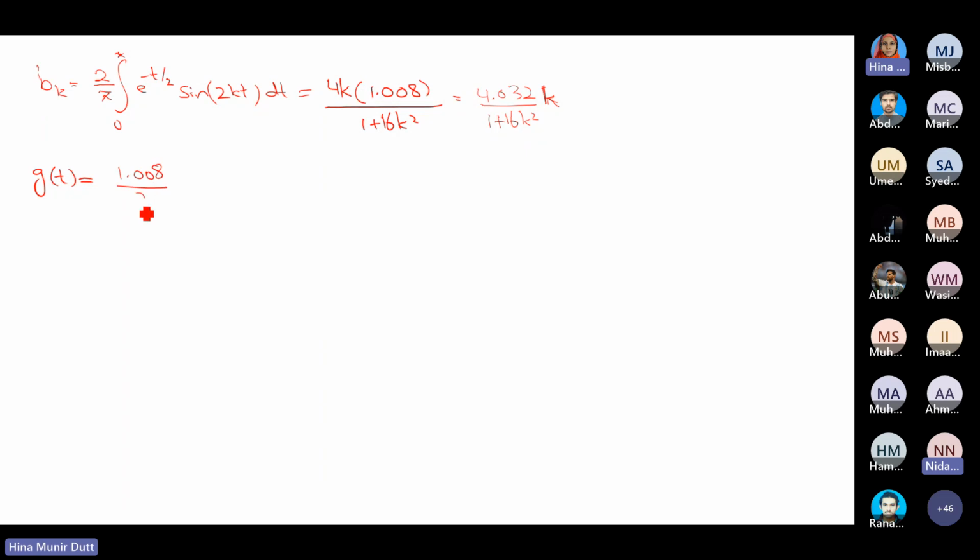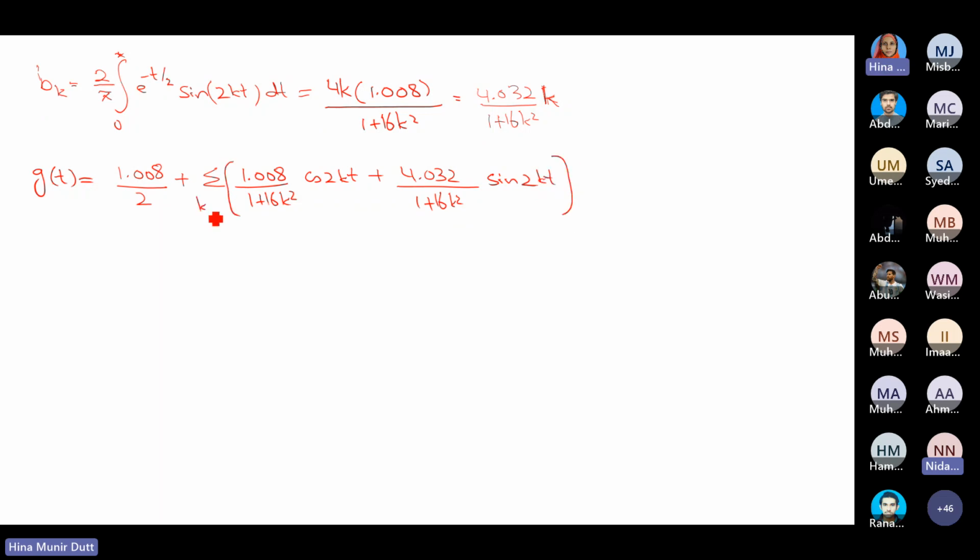1.008 divided by 2 plus summation of ak, a k is this: 1.008 over 1 plus 16k square cos of 2kt plus 4.032 over 1 plus 16k square sine of 2kt.